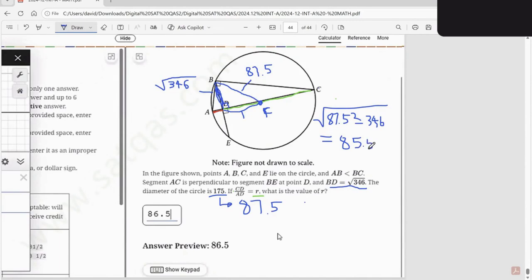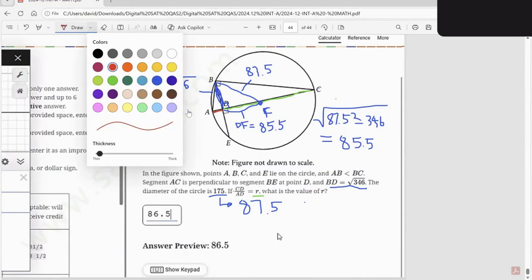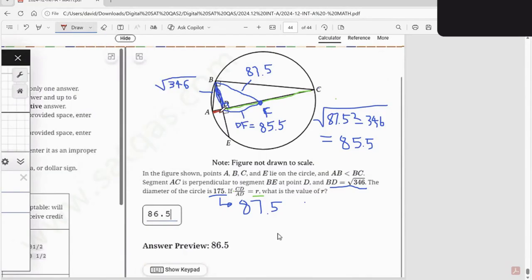So we know how long DF is. DF is equal to 85.5. So now that we know that, we can easily figure out what AD, which is basically this red section, is.